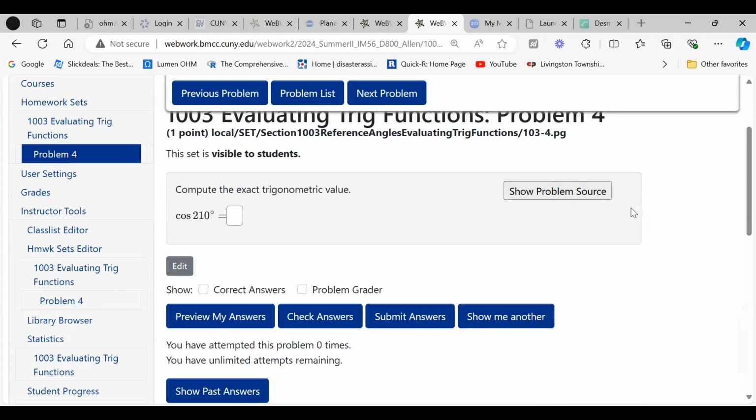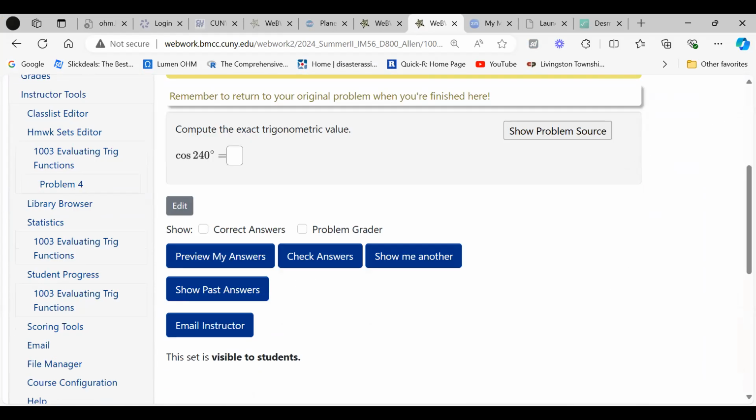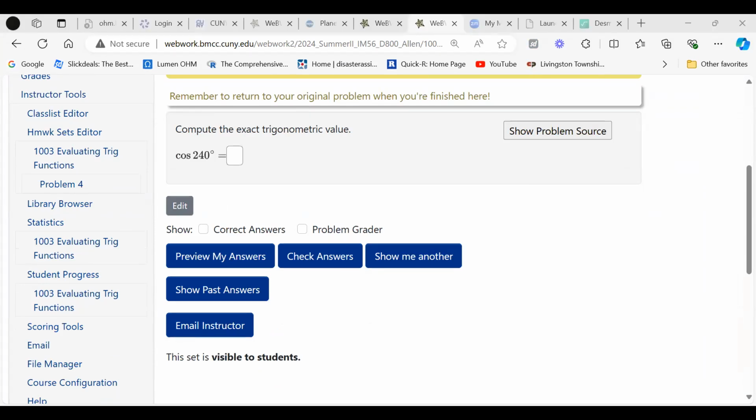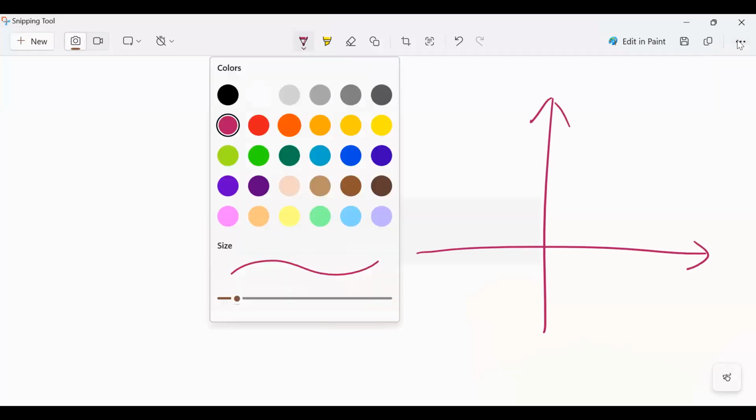We're going to start learning how to calculate trig values for different trigonometric identities. This is cosine 240 degrees. Let me show you how to get this done step by step. Start with the reference angle. You need to locate the reference angle first. 240 degrees goes counterclockwise this way.